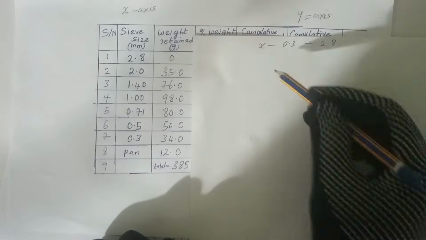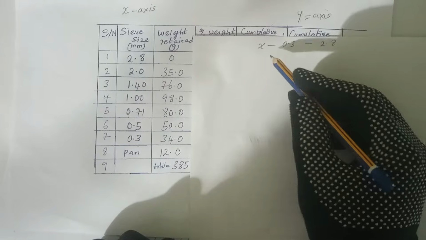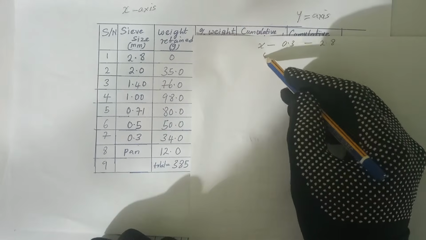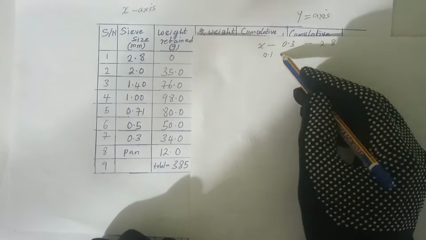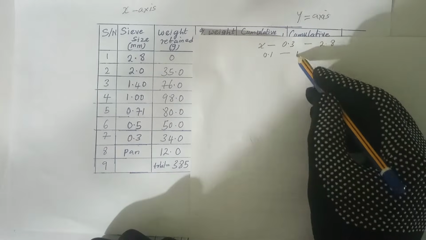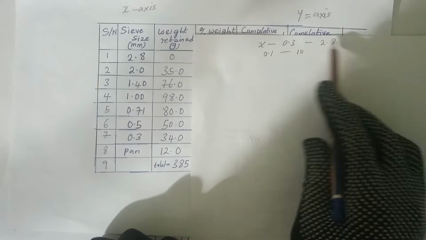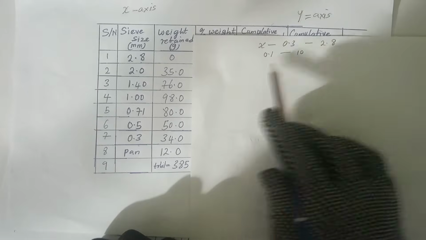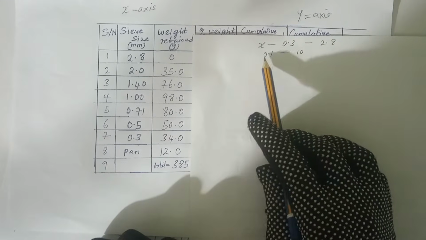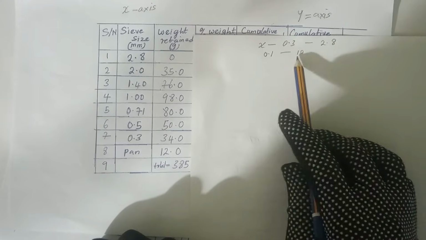So that means our value for the x-axis is going to range from 0.1 to 10, because this range of value 0.3 to 2.8 falls between 0.1 and 10.